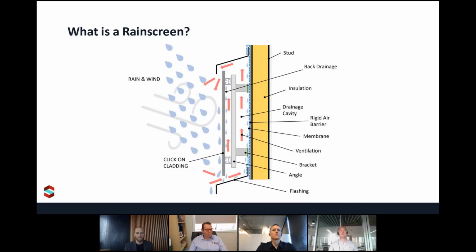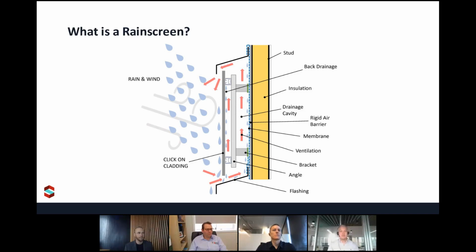And I just wanted to touch briefly on the benefits of a rain screen and also the thermal benefit, because there is a thermal benefit. So our Click-on Cladding system is a rain screen cladding system, and so the core parts of a rain screen is the skin on the facade. That is stopping the majority of the elements, such as the rain, the wind, and the UV.